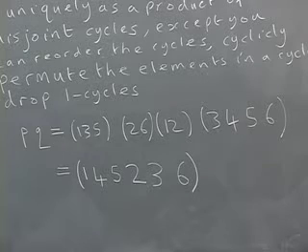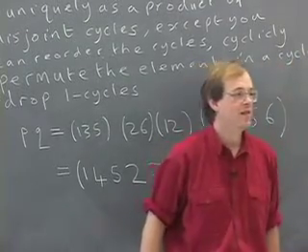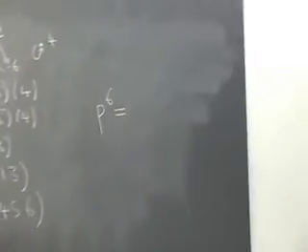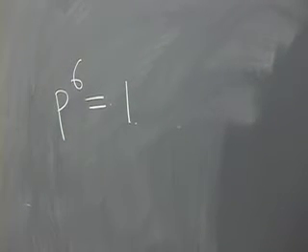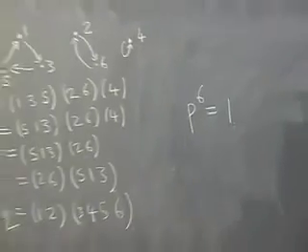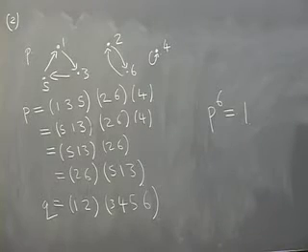What's p to the 6, by the way? It's the identity, right? How did you see that? There's an element of order 3, an element of order 2, and an element of order 1. So if you raise it to the 6, then they all go to 1.